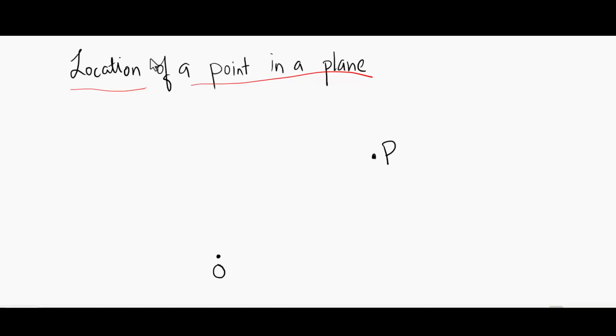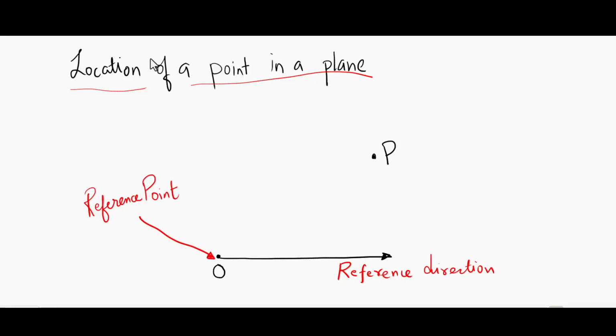So you need another point called a reference point, and with respect to that point, you measure the location of point P. But even that is not sufficient on an infinite plane. You need something else, which is called the reference direction. Now, using this reference direction and this reference point, we can measure the location of a point P.